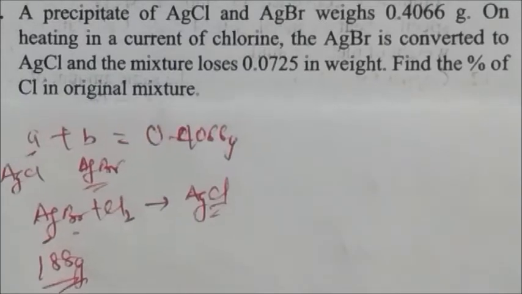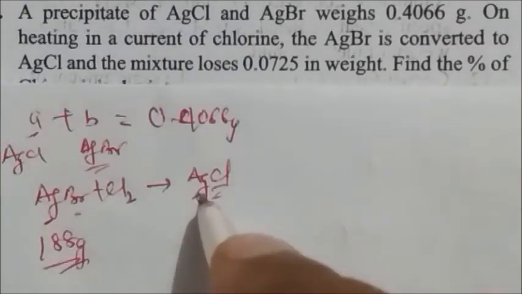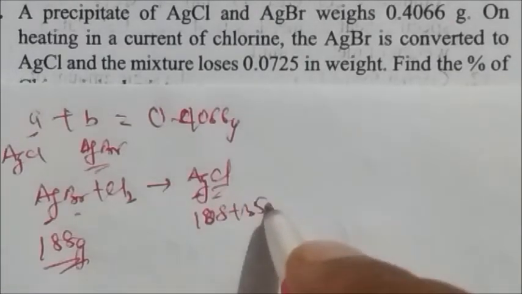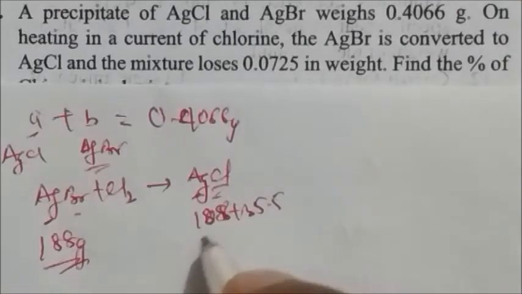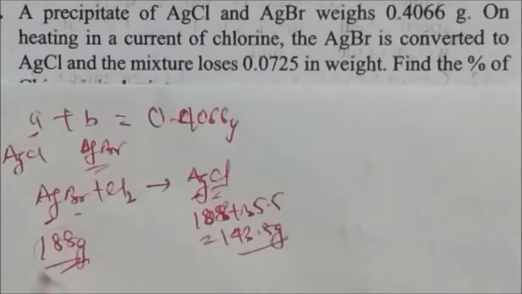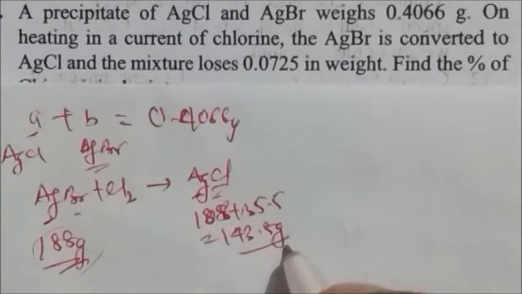So 188 gram is giving how much AgCl? In AgCl, Ag is 108 and Cl is 35.5, so this is 143.5 gram. So when you take 188 gram of AgBr, it is fully converted to 143.5 gram of AgCl.